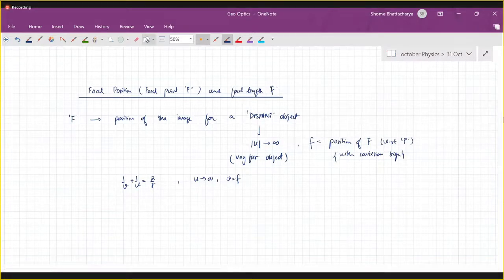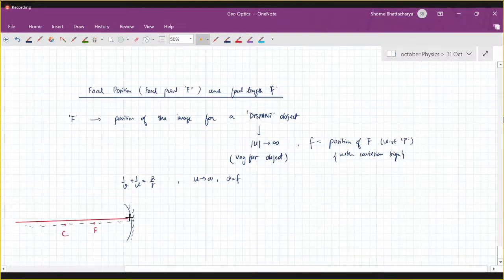So in the case of concave mirror, rays which are coming from a very far away point will be parallel to the principal axis.